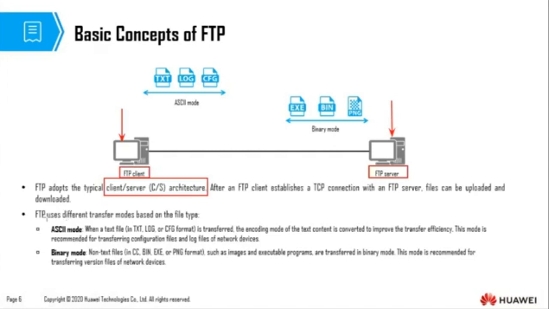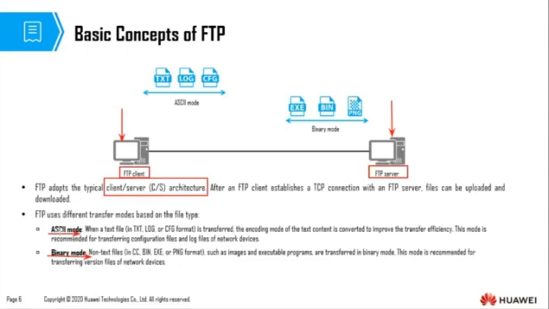Now, FTP uses different transfer modes based on the file type. It uses two. One of them is called the ASCII mode, and the other one is called the binary mode. ASCII, I don't remember what it means in full, but it's the American Standard Code for Information Interchange.